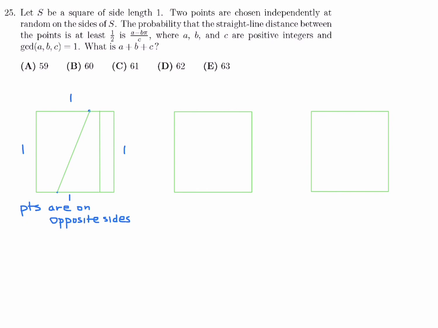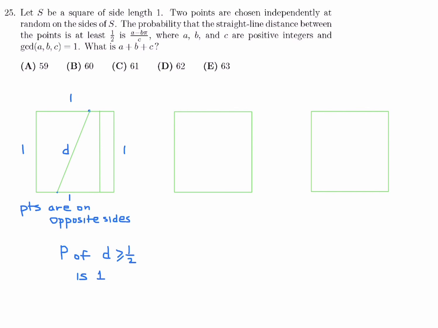So the probability that that distance between those 2 points, which I'll label D here, is greater than or equal to a half, which is what the question is saying, at least 1/2, is 1.